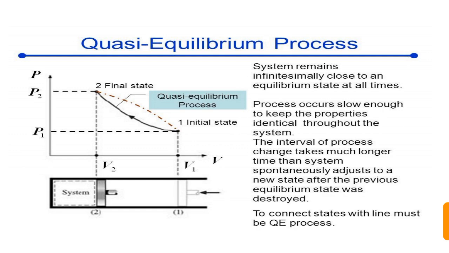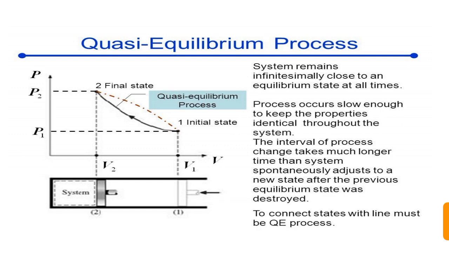When we are compressing our piston, this type of curve will be formed, and this is the quasi-static process. The system remains infinitesimally close to an equilibrium state at all times. The process occurs slowly enough to keep the properties identical throughout the system.